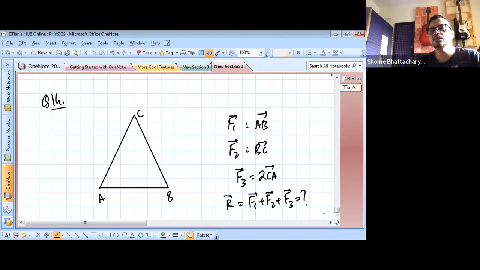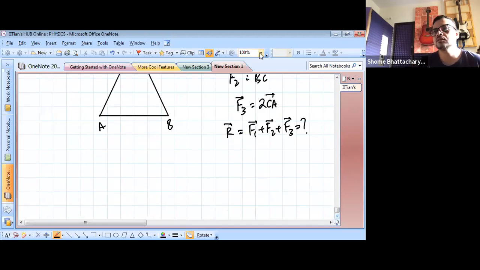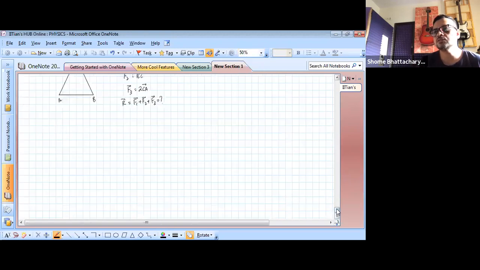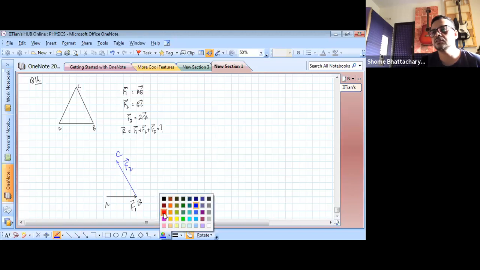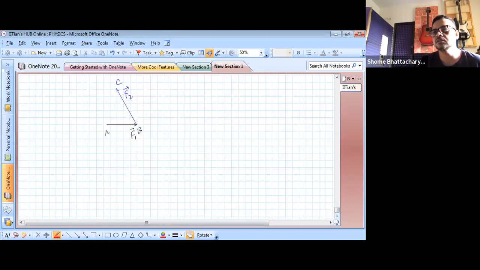Okay. So now we just convert this to a vector diagram. So we'll see that this thing now corresponds to a situation where if I pick up this line AB and convert it into a vector, that becomes the force F1, which is A to B. But if I pick up this line BC, that will become my force F2, which is B to C. But as far as the third vector now is concerned, F3, that is not CA, it is double of CA.